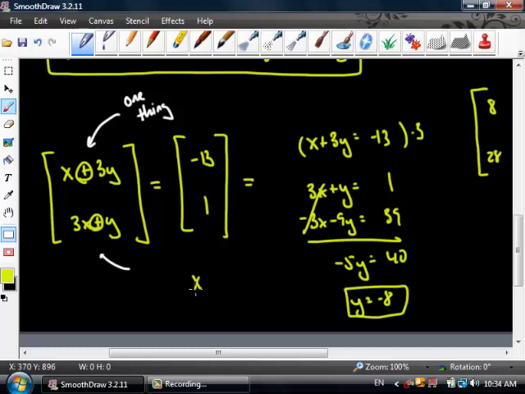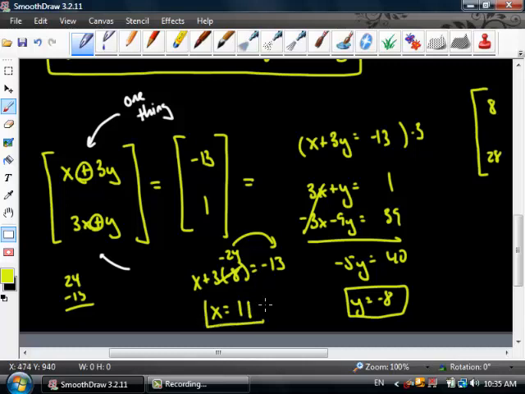So x plus 3 times negative 8 equals negative 13. So this is negative 24. X equals, if I add 24 to both sides, negative 13 plus 24 is 11.